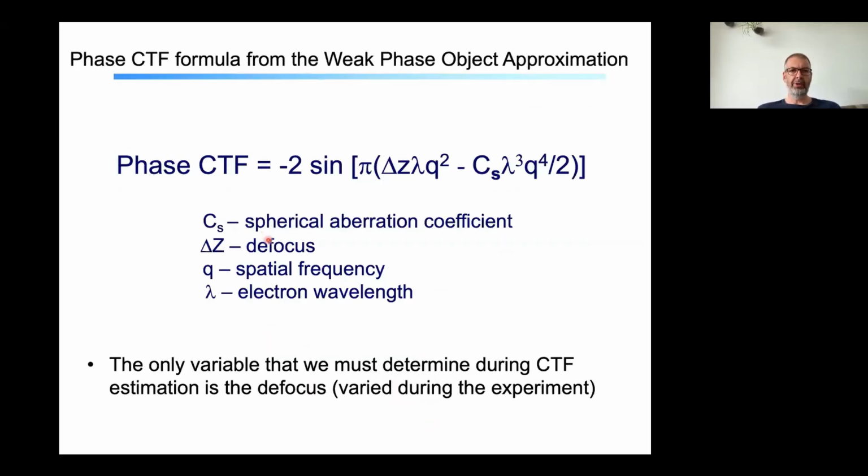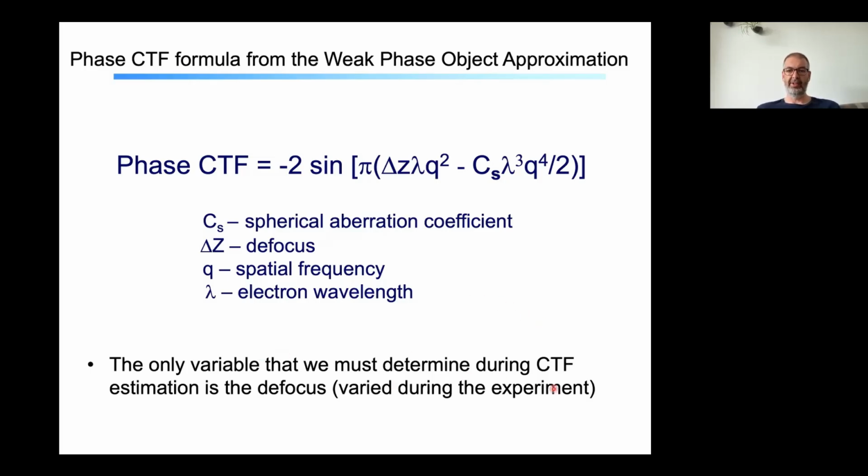Using this approximation, we can write a formula for how the contrast transfer function affects the spatial frequencies of our image. What you can see here is that there are a number of terms. The main one that we're interested in is the defocus value, which is how much defocus is going to be applied to the sample.